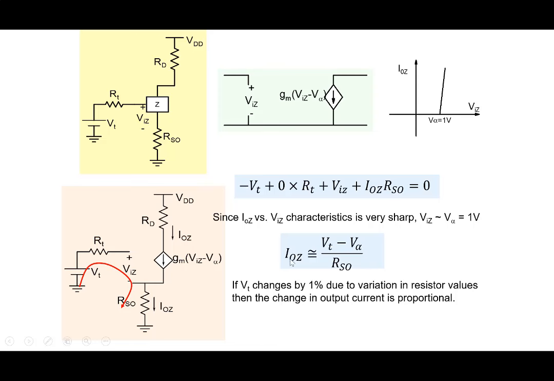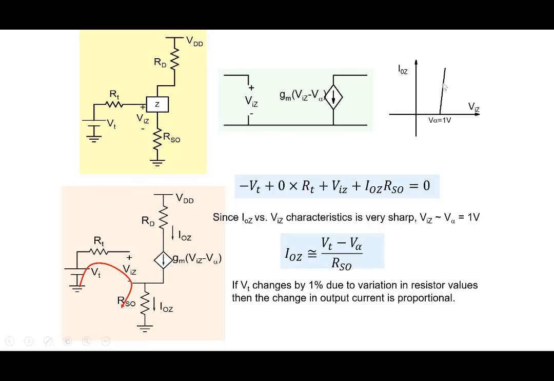So we now have I0 dependent on this particular relationship. Earlier, when RS0 was not there, the current was dependent on Viz, and Viz was equal to Vt. So a small change in Vt would result in a change in Viz, and because of the sharp characteristics, a very large change in I0 would occur. But now, because we have connected this extra drop in this particular loop, the current is practically determined by this particular expression.